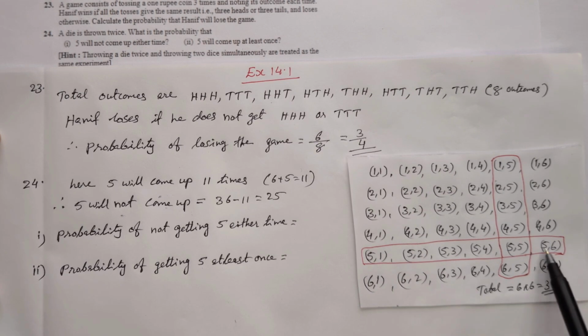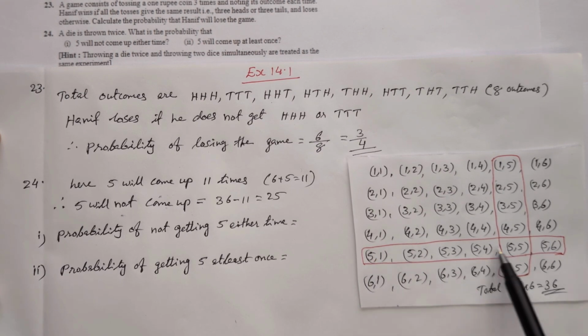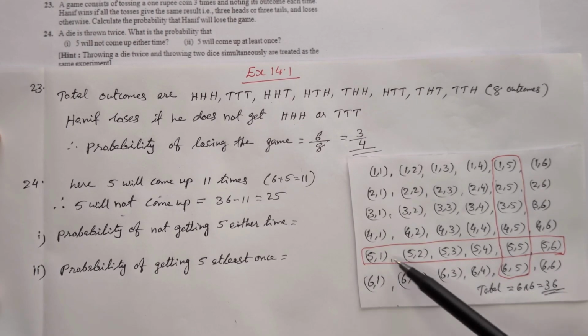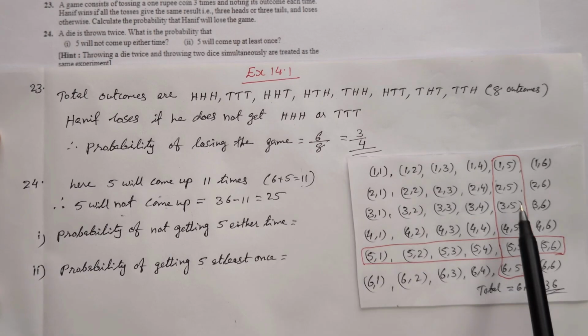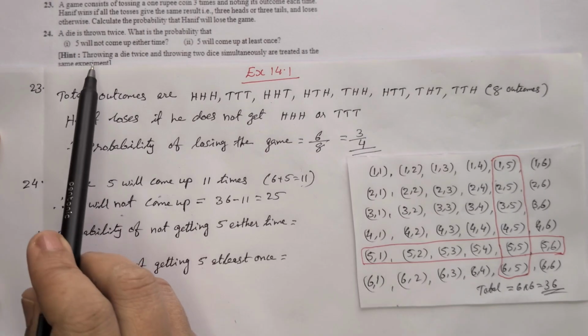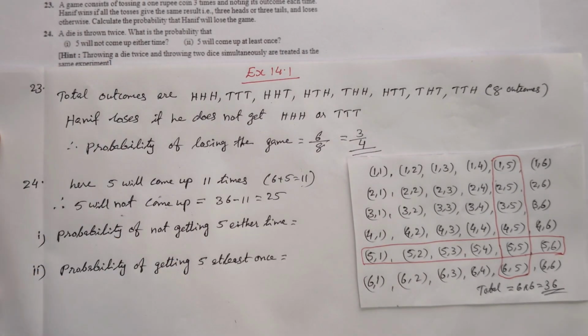If we are taking this side, we can see 6 pairs are there. And here 4 plus 1. This already counted. Plus 1. So 6 plus 5, 11 places. That means 11 options are there where 5 is coming up. Question is here 5 will not come up.